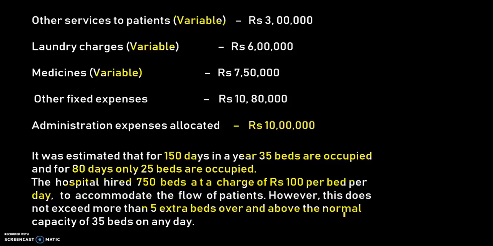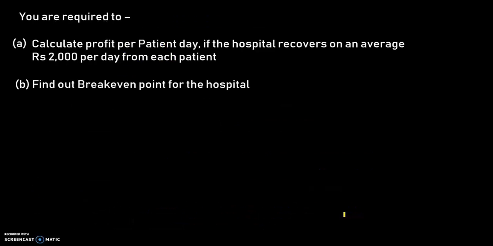Yeah, that is clear, because in this 150 days, if they have taken 5 beds every day extra, then it is actually 750, because 150 days multiplied by 5 is 750, and for that they have paid 100 per day. It means they have paid 75,000 for this purpose.